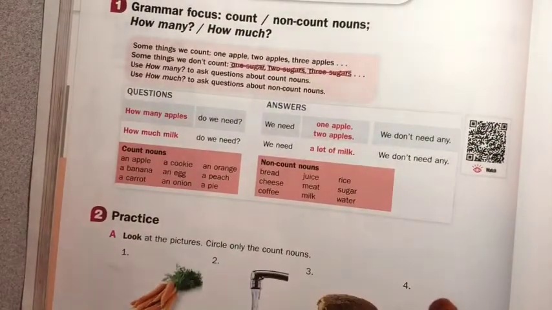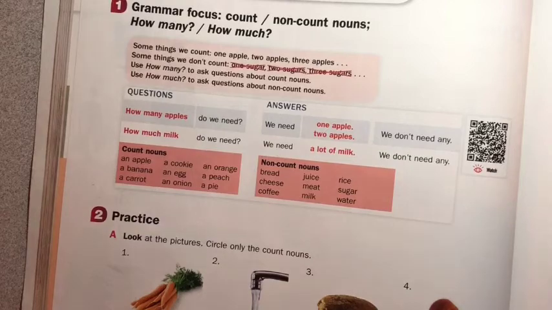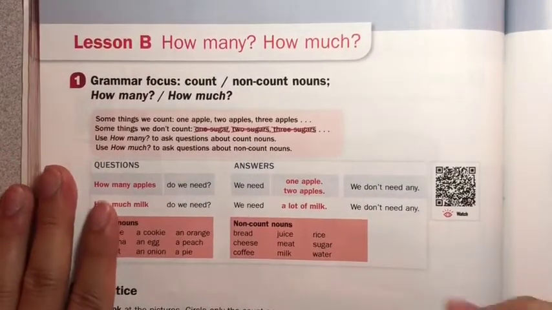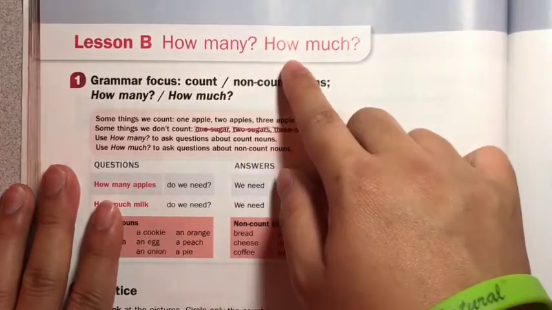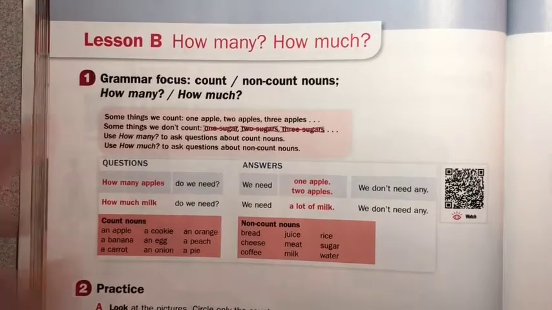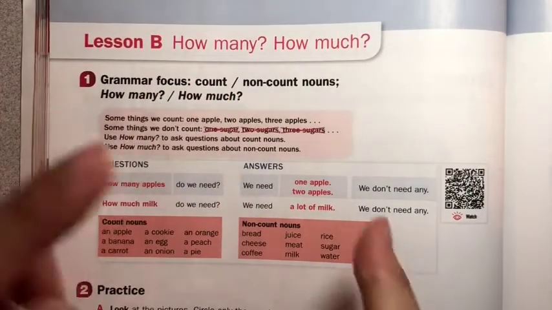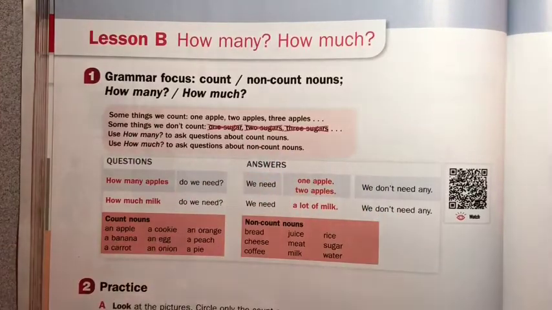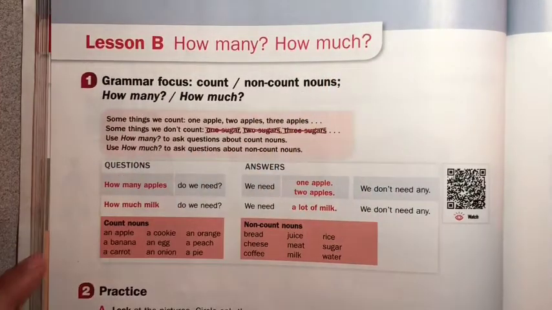We don't count this. Oh, that's heavy. Okay, because it's so many, we say, how much? How much paper do we use? It's not how many, because we don't count. It's a lot of papers, so we say, how much?